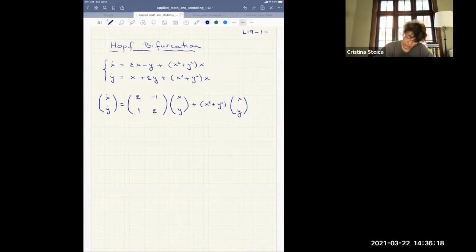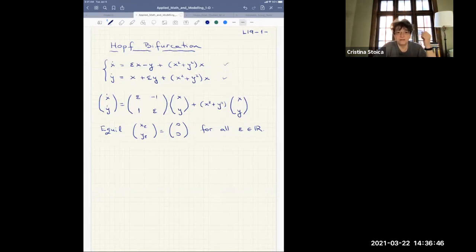Now, when we're looking for equilibria, immediately we notice that we have an equilibrium at X, Y equals 0, 0. I'm writing it vertically this time. This holds for all epsilon, no matter what epsilon is. You can see on the first one that if I put 0, 0 for X and Y, we get 0 on the right-hand side.